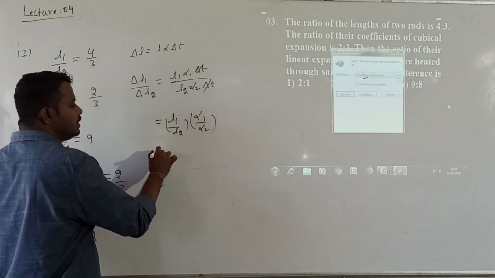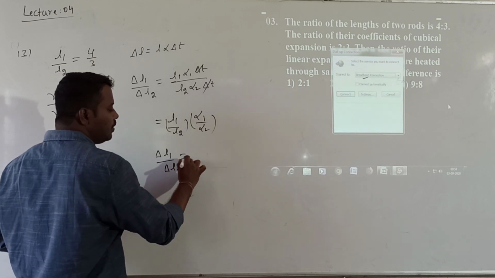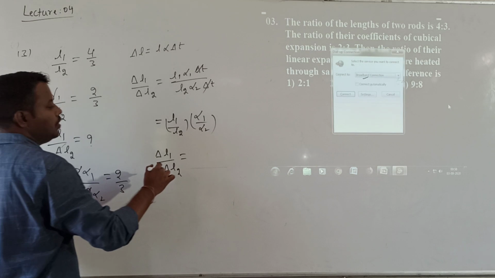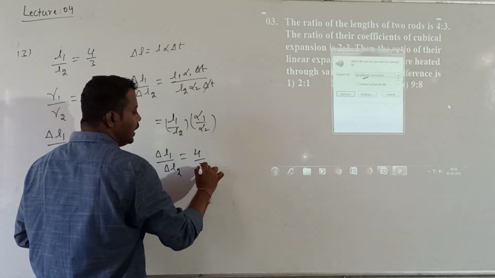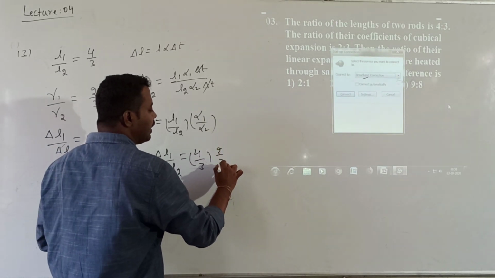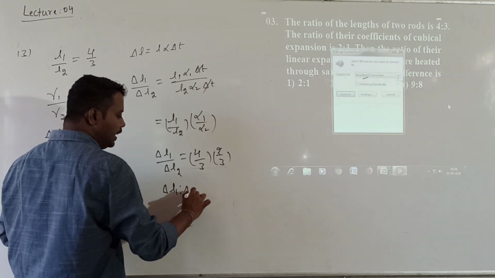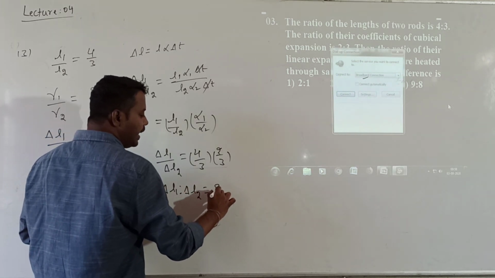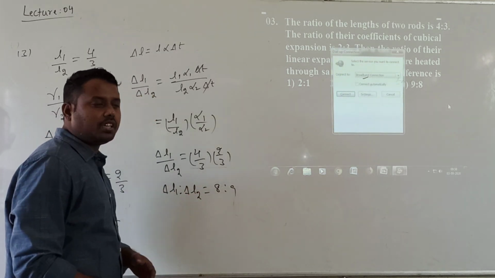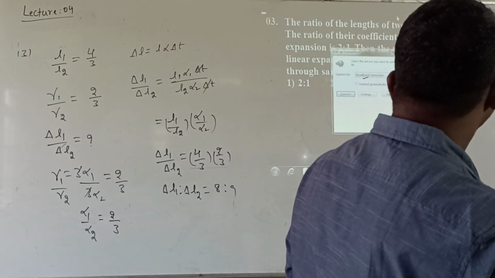So delta L1 by delta L2 is equal to L1 by L2, which is 4 divided by 3, into alpha 1 by alpha 2, which is 2 divided by 3. So delta L1 is to delta L2 is 8 is to 9. Question clear? The answer is 8 is to 9.